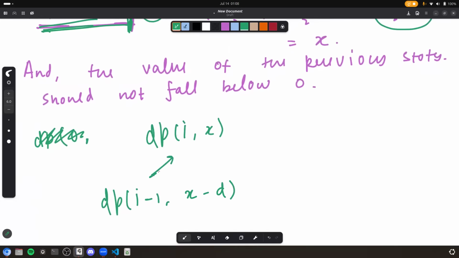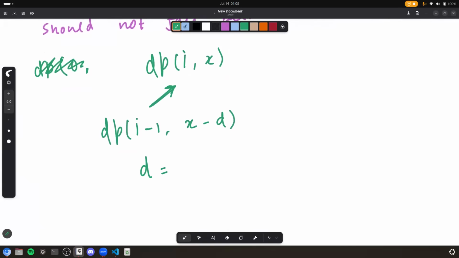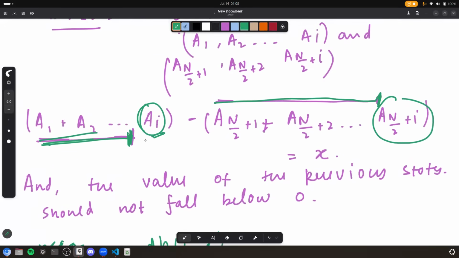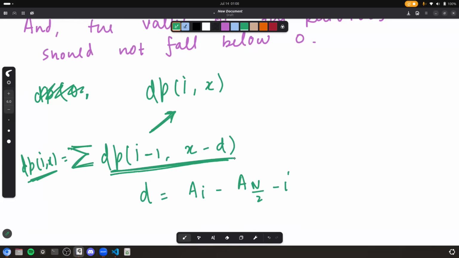We can come from this state to this state where d is the value of ai minus a(n/2+i). So we can just sum all these states and add this into dp of i, x, since upon coming to dp of i, x, we could have come from these states only.